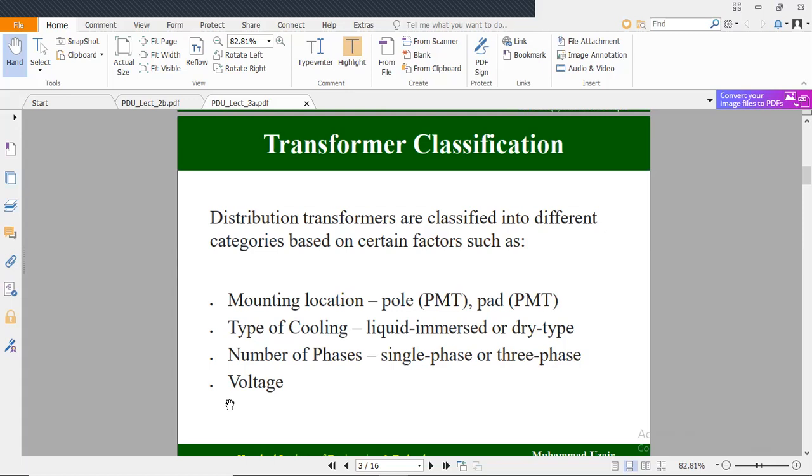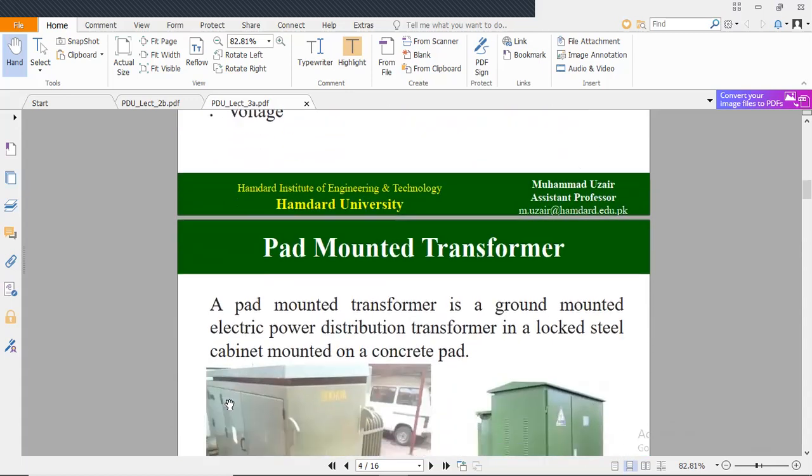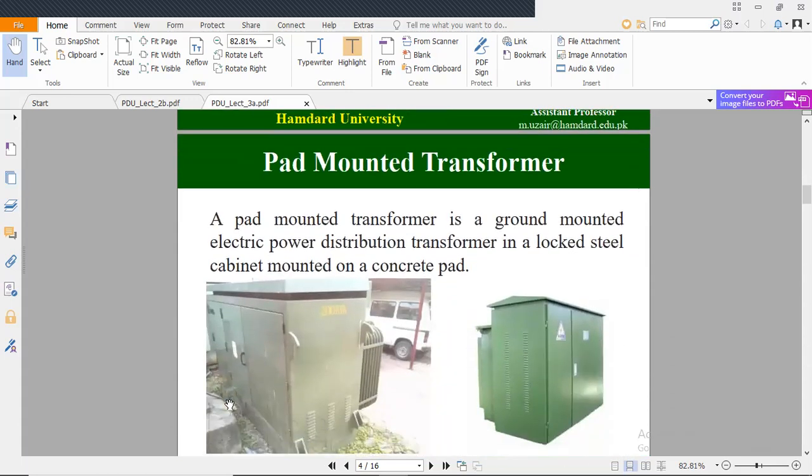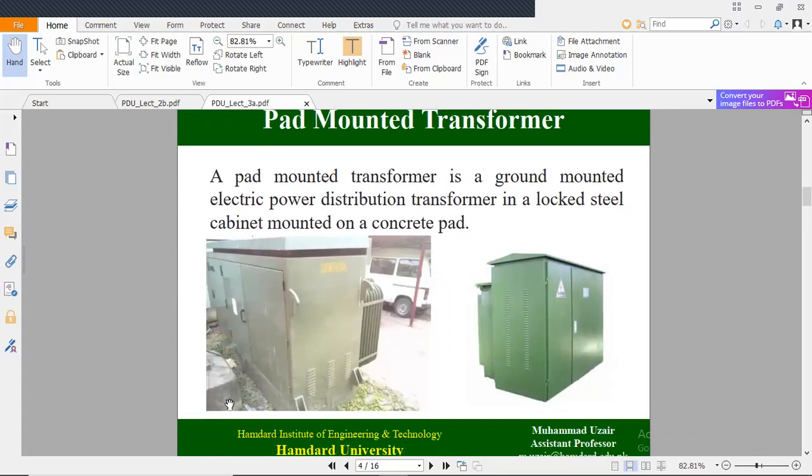Moving towards the next slide, the pad mounted transformer, which is placed like an EMT, earth mounted transformer. You can see in this section it is a weatherproof distribution board on which water does not strike on its roof.